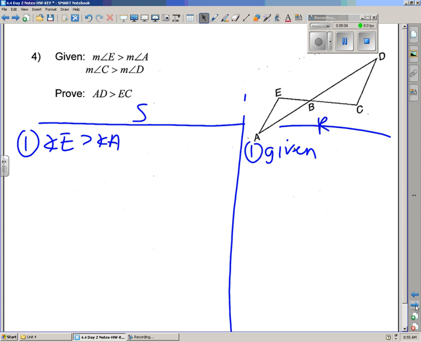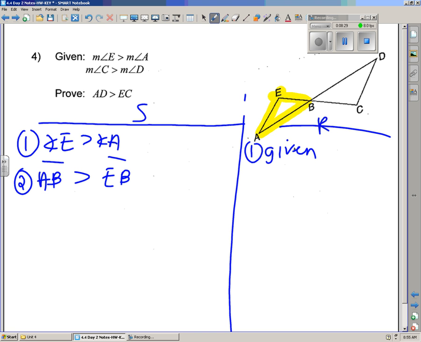If we just do angle E is more than angle A, in that particular triangle that E and A are a part of, this might make it more clear, then we know that the side opposite angle E would be line segment AB, and the side opposite angle A would be line segment EB. So we know for sure that AB is more than EB.